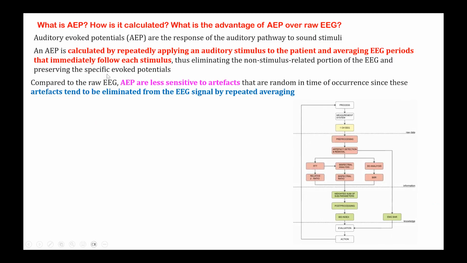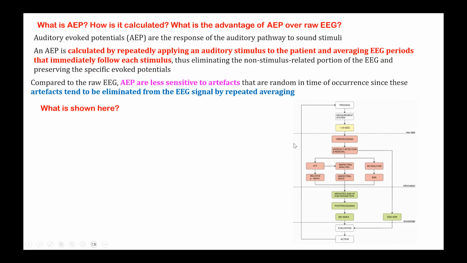Compared to the raw EEG, AEP is less sensitive to artifacts that are random in occurrence, and it can eliminate the EEG signal by repeated averaging also.